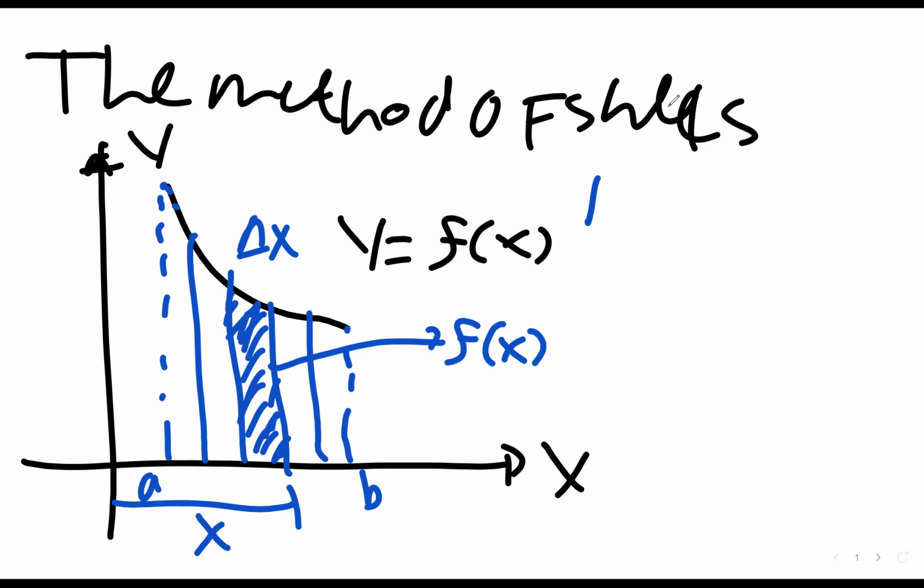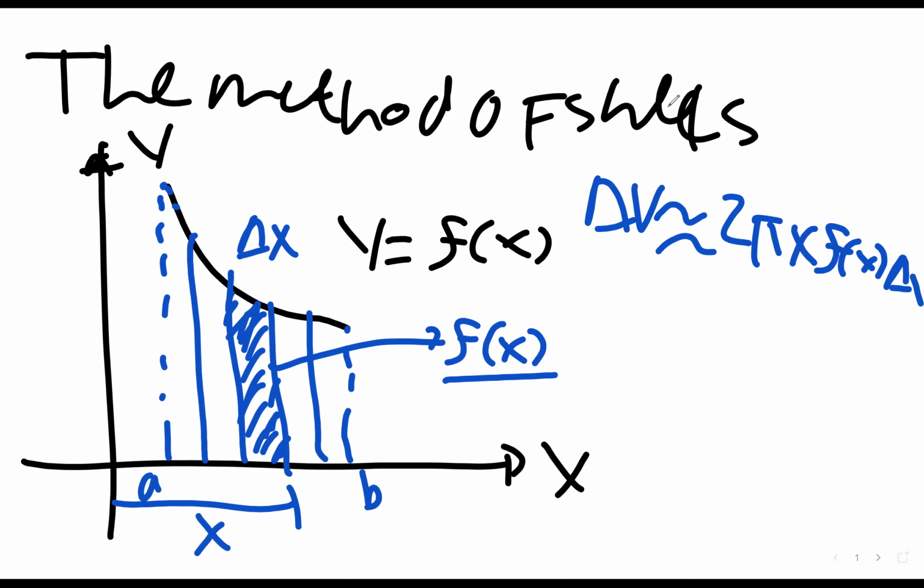So in this case, remember that the volume of a piece of solid is approximated by the average radius multiplied by 2 pi, and then multiplied once again by f of x, the height, and then the thickness. So you have 2 pi x f of x delta x.